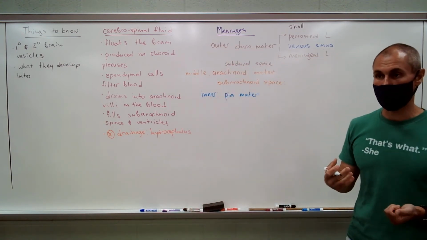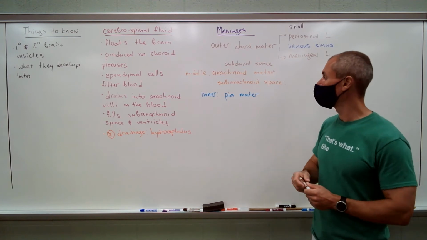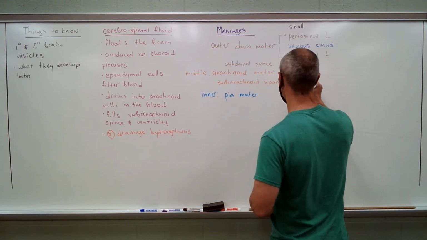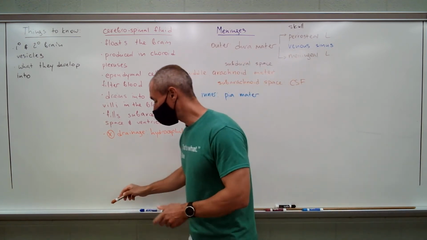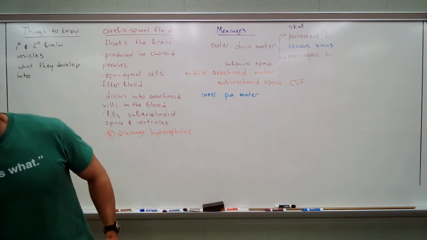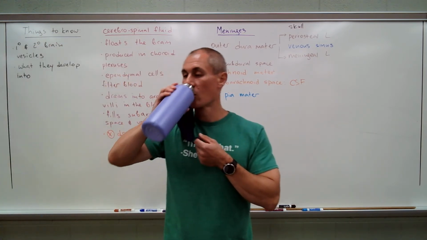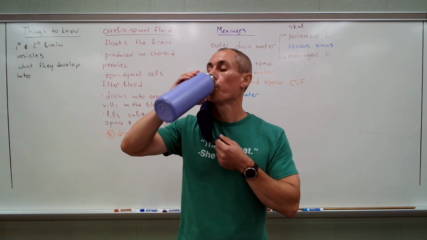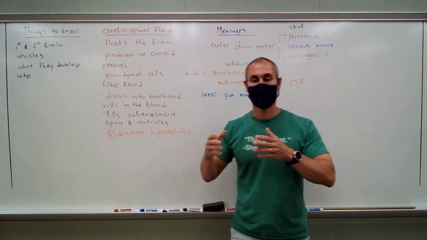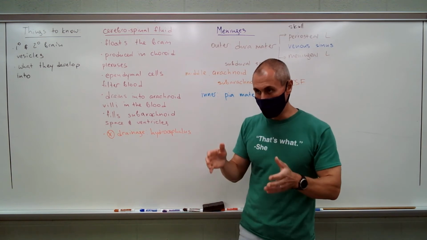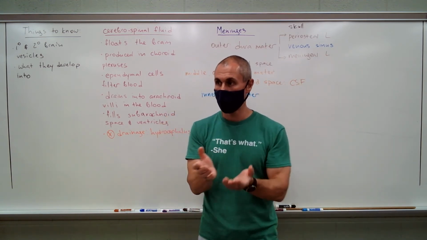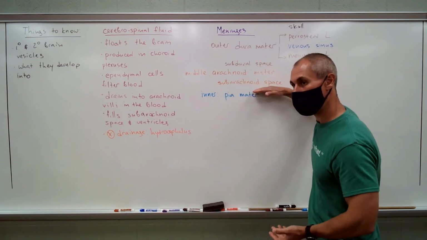Why is it important? It contains two crucial things. This is where CSF flows. By the way, when we talk about cerebrospinal fluid that flows around the brain and supports it, it is in this space.